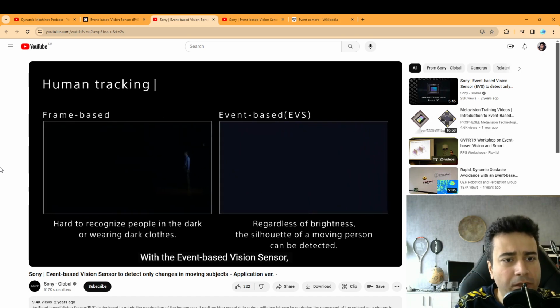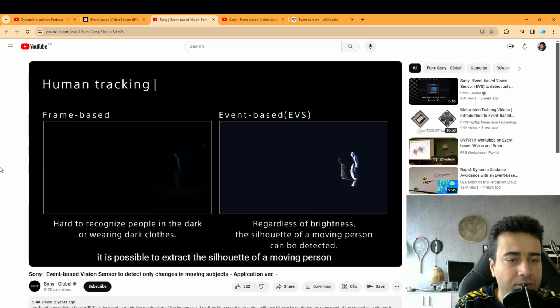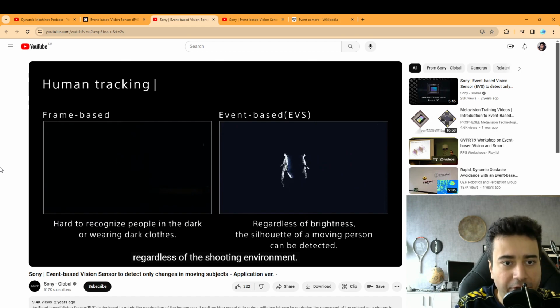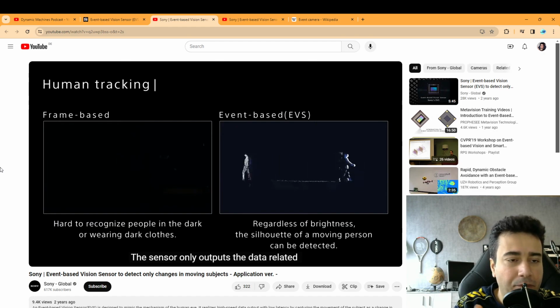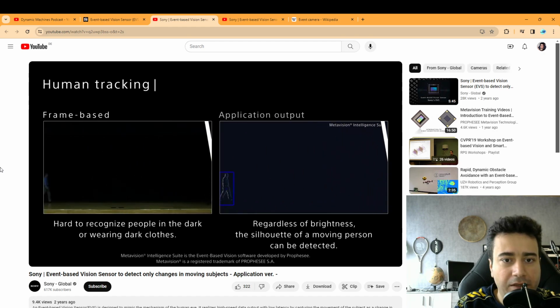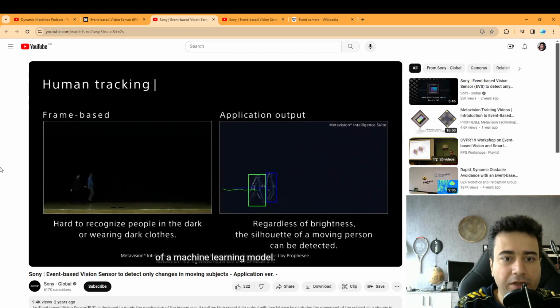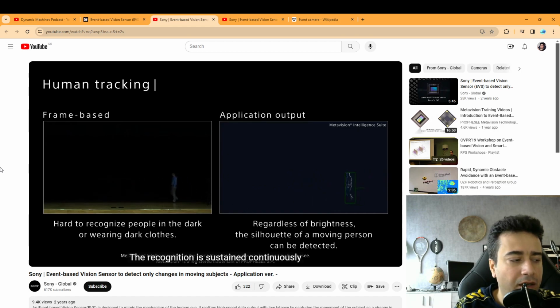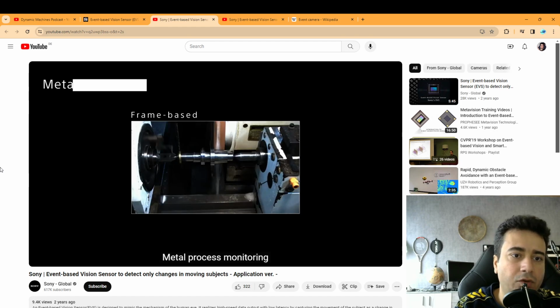The next one is human tracking. At the left side, you have a frame-based camera. You see how difficult it is for the frame-based camera to detect the person when it is very dark. But at the right side, it is quite obvious, even the position and the way it moves continuously. It's not sensitive to the darkness of the colors or whatever.